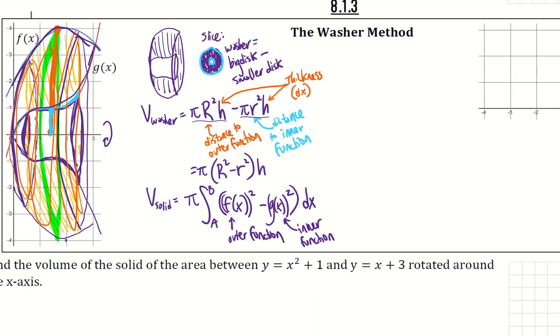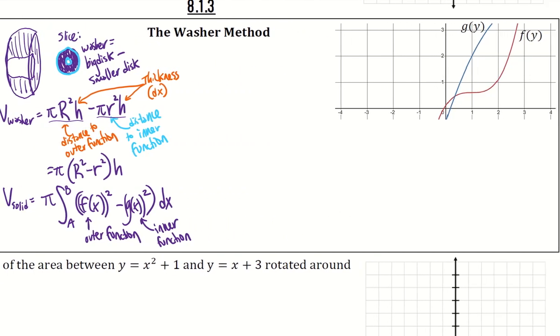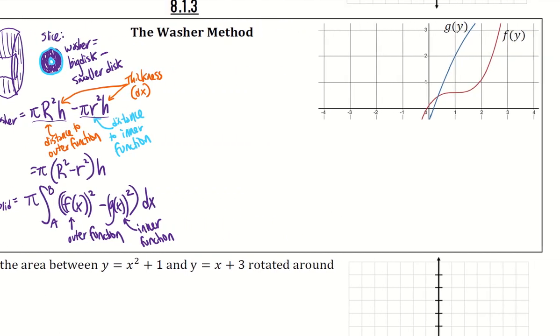So that is the volume of a solid using the washer method rotated around the x-axis. But then what if we rotate around the y-axis? So again, I'm going to create my symmetrical figure here.